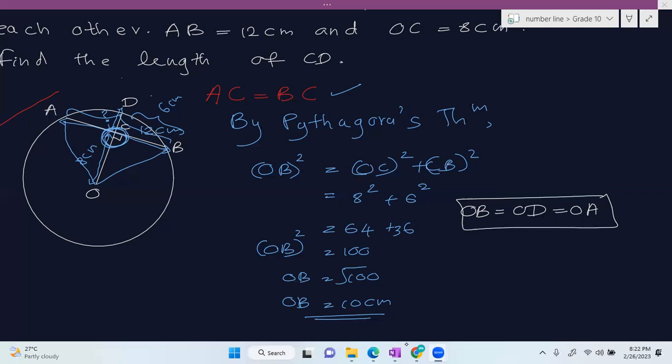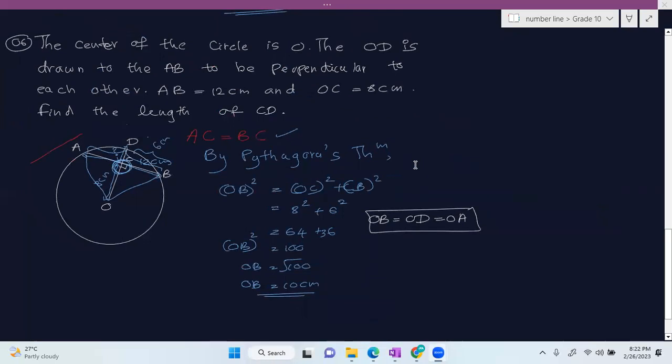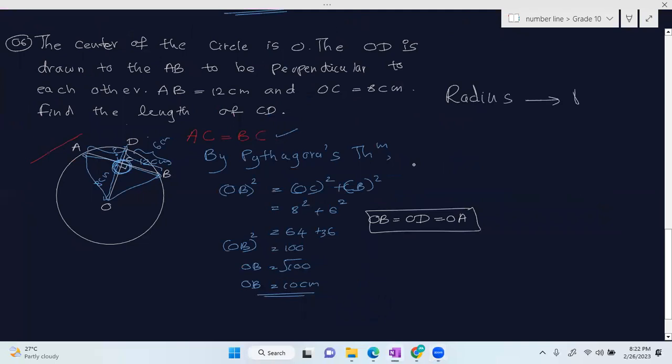Since teacher, they all are radii from the same circle. Yes, very good. Remember that the plural of radius is radii, okay? Then radii of the same circle, no?